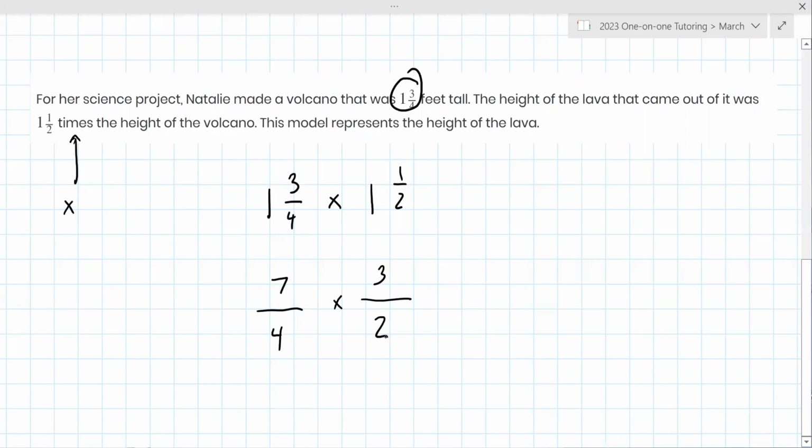Does that look right to you? Yes. Okay, so I want you to multiply the tops and then multiply the bottoms.